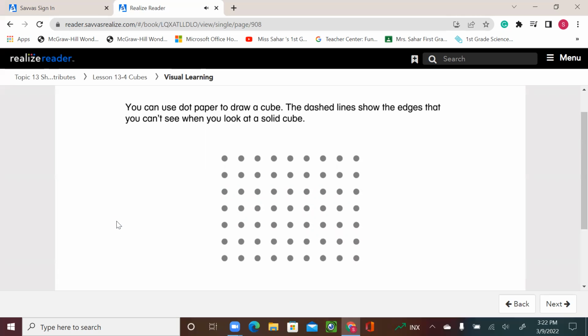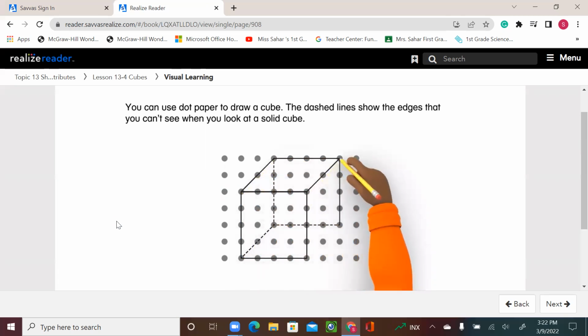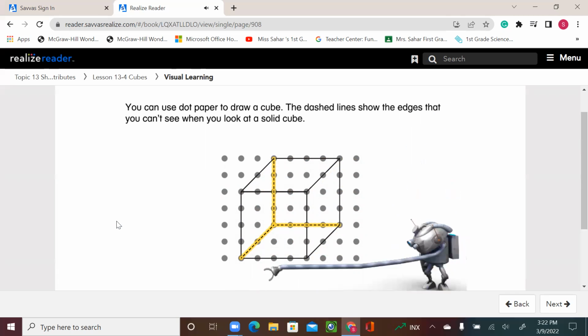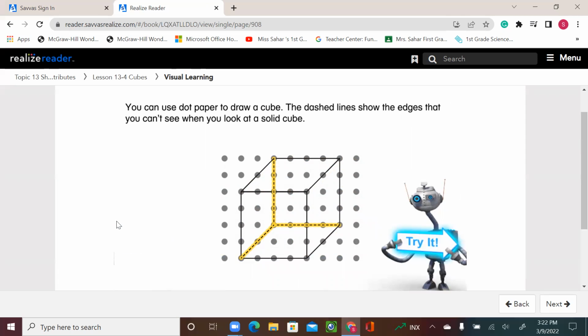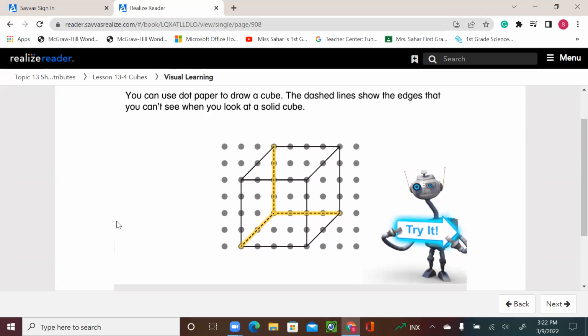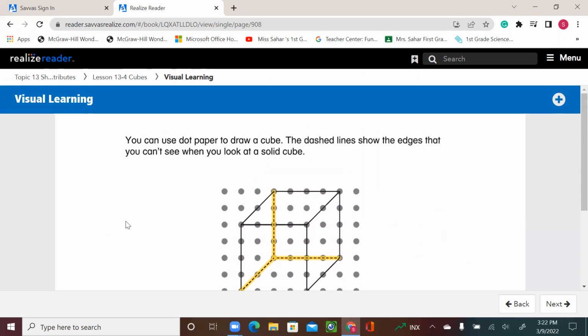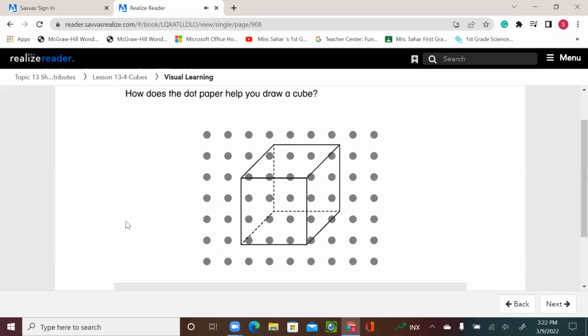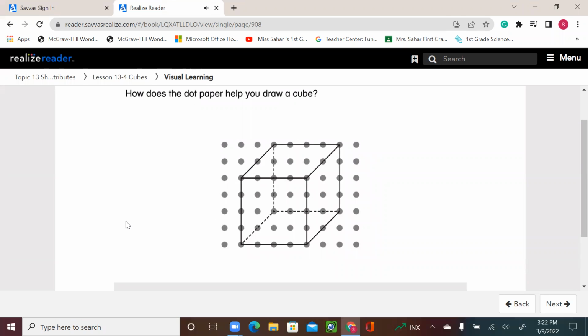You can use dot paper to draw a cube. The dashed lines show the edges that you can't see when you look at a solid cube. How does the dot paper help you draw a cube?